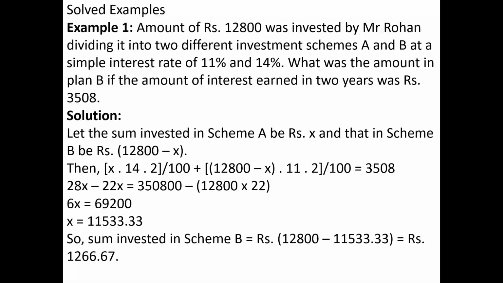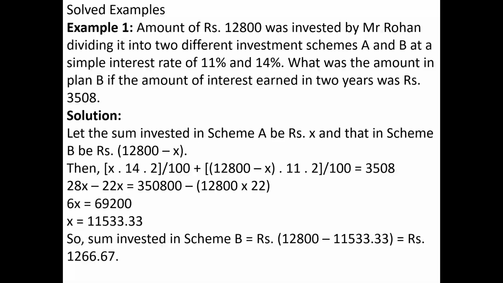We don't know how much amount he has invested in scheme A or scheme B, but the total amount he has invested, we know, that is 12,800. So if we take that in scheme A he has invested X amount, we can directly take that in scheme B he has invested the total amount minus X. Fine, that will be the scheme B amount.